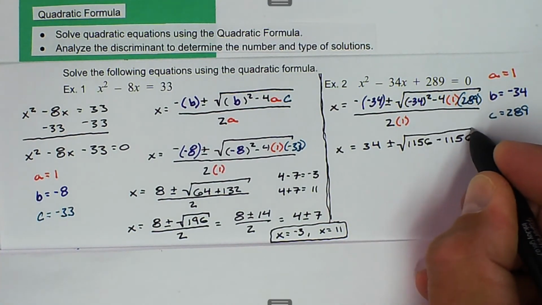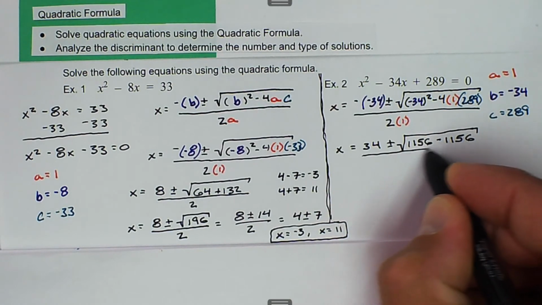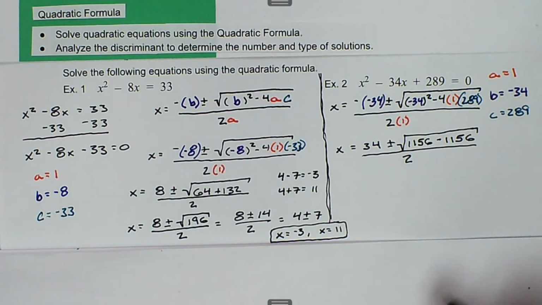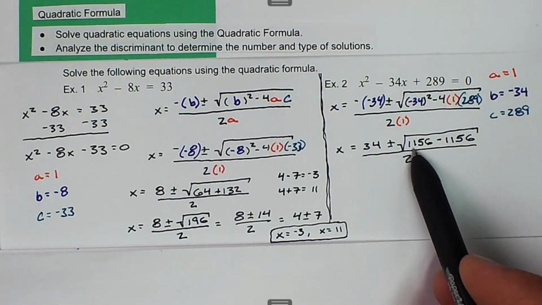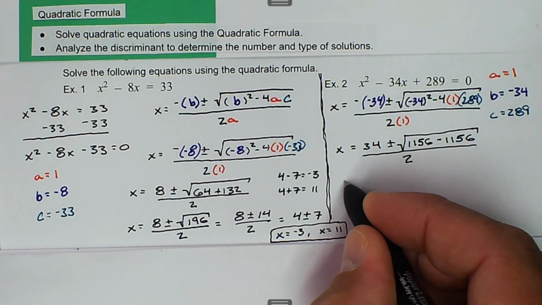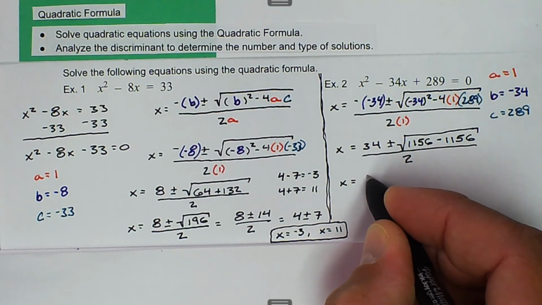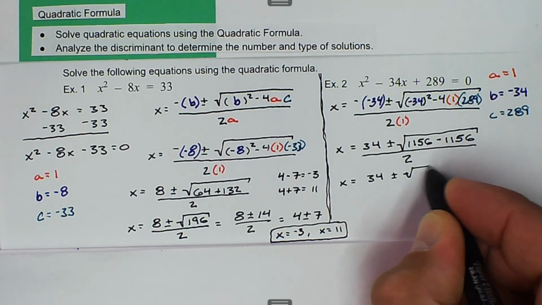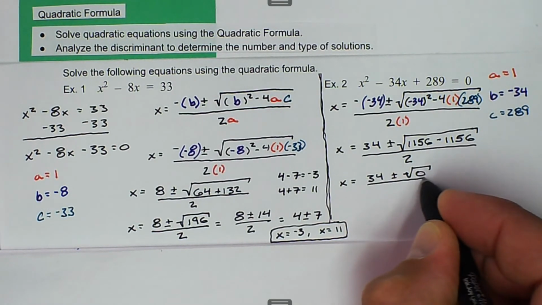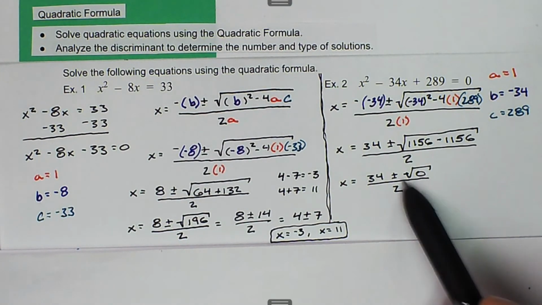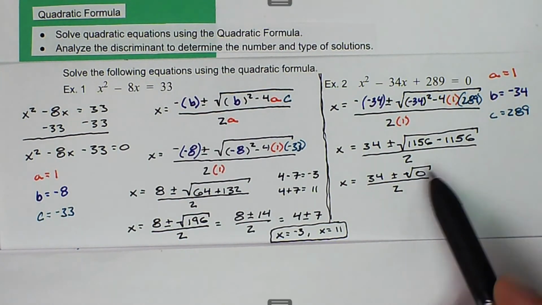And that's all under the square root, and that's all divided by 2. So 1,156 minus 1,156, and we get x equals 34 plus or minus the square root of 0 all over 2. And when we have the square root of 0, that is just 0.